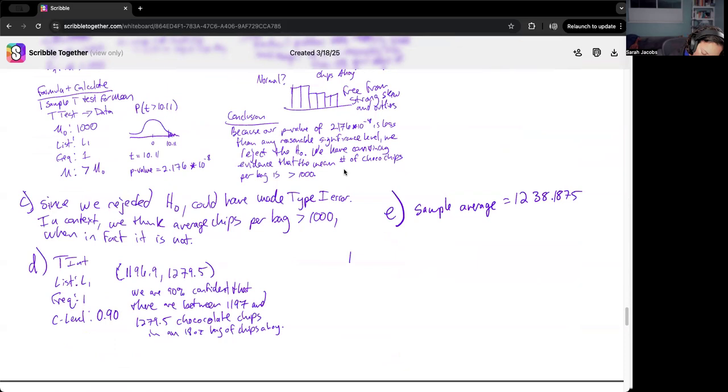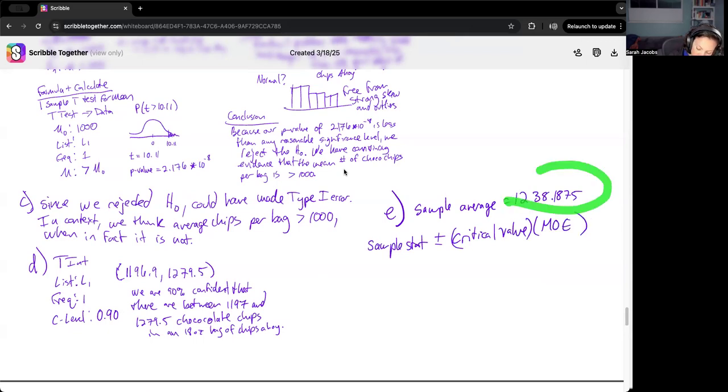All right, so our confidence interval is always the sample statistic plus or minus, in this case, a critical value, a T star, times the standard error. Our sample statistic is the sample mean we got, 1238.1875, plus or minus the critical value.